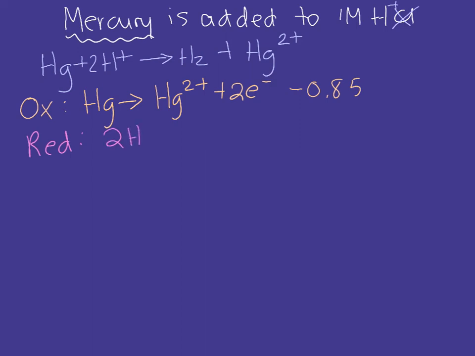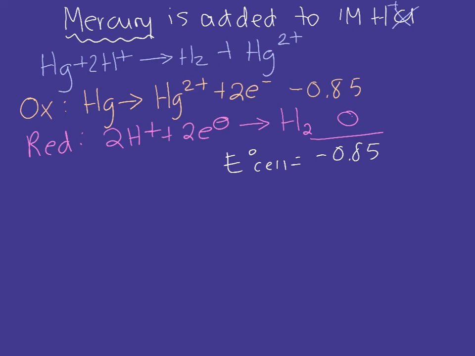So 2H plus 2 electrons. And again, the only reason why it's 2 is because hydrogen is diatomic, and since it's going to make H2 on this side, you need 2 on both sides. And this is 0. And when we add this, we end up getting negative 0.85 for the E cell value.